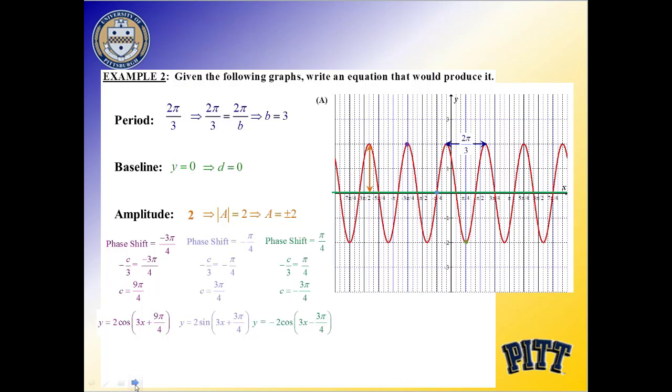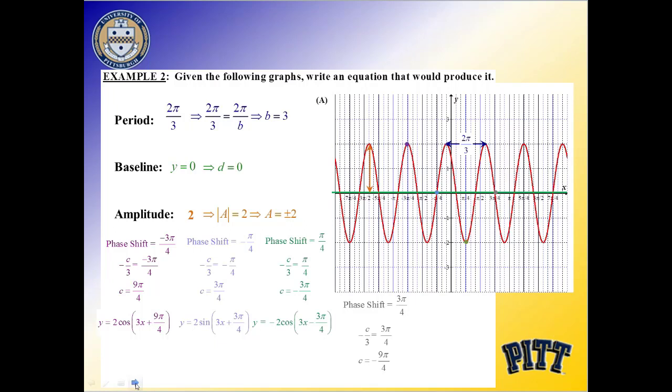And lastly, just to show you another one, what if I had chosen this point over here, 3 pi over 4, as my phase shift? Again, it's a baseline point, so that's a legitimate starting point to make use of. Now again, it's going to affect my calculation of C, because negative C over 3 is going to equal 3 pi over 4. I solve that equation for C, I get negative 9 pi over 4.